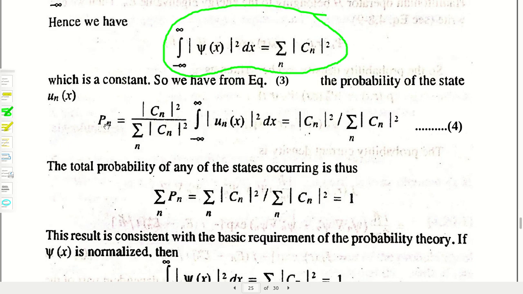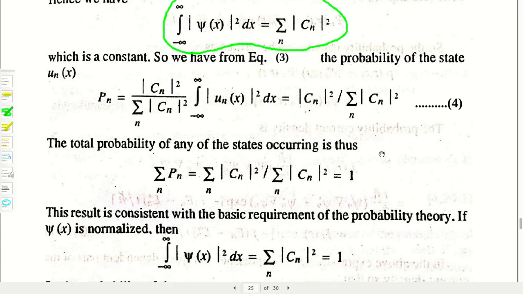So the result, that is the probability of finding the system in the nth state, is Cn square, the nth expansion coefficient square, divided by the summation of Cn square. And you can check whether this result is correct or not. How?